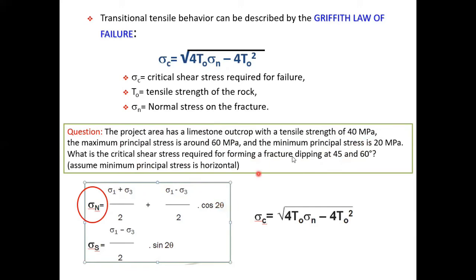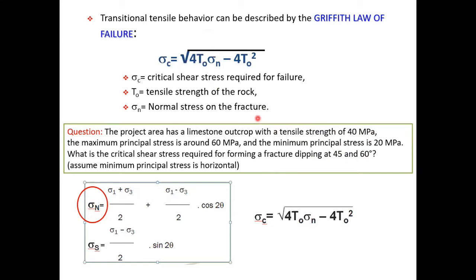With the dip angle of the fracture, we have two scenarios. One is 45, another one 60. So first you need to solve this question for the 45-degree dip angle, which is angle theta over here. First you find the normal stress for the 45-degree dip angle, and then use this number in this equation. Because you already have the tensile strength of the material as 40 megapascal, you know this number.